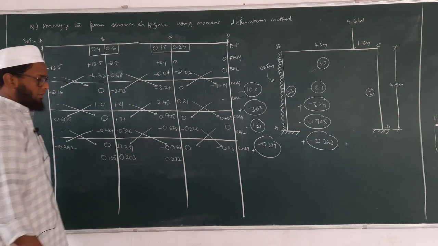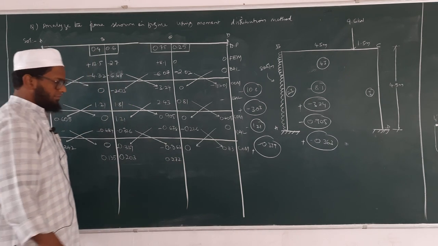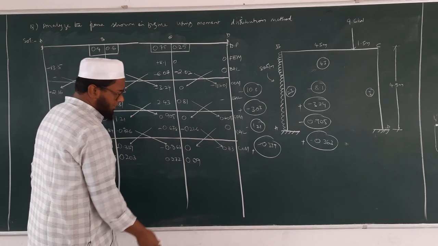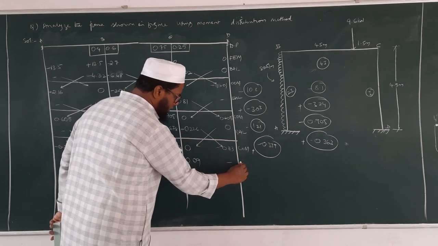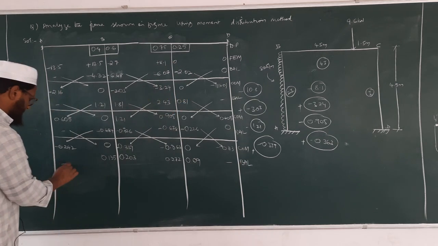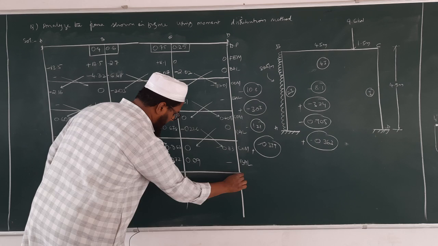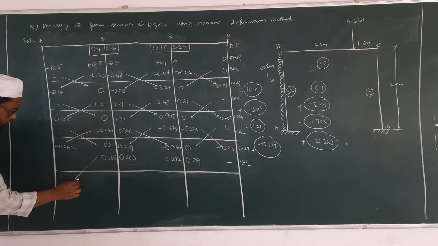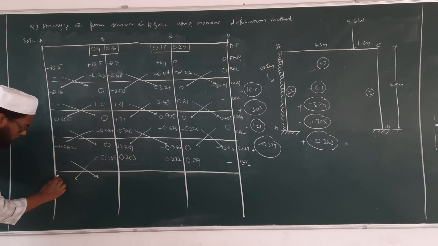0.272. Next is 0.09. Here it is nothing, so this step is balancing. So after balancing again, carryover moment 0.067.